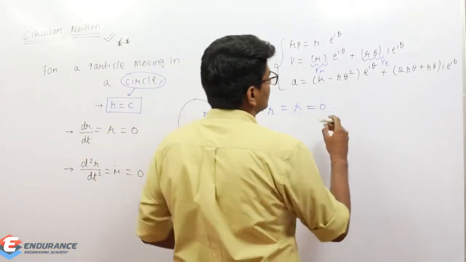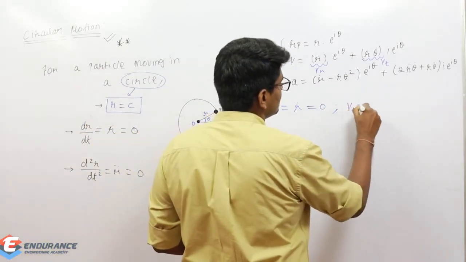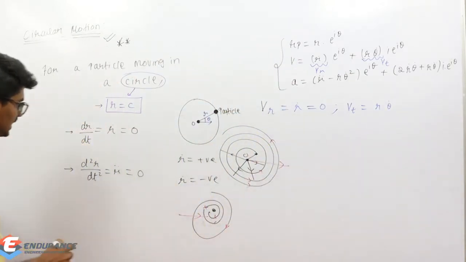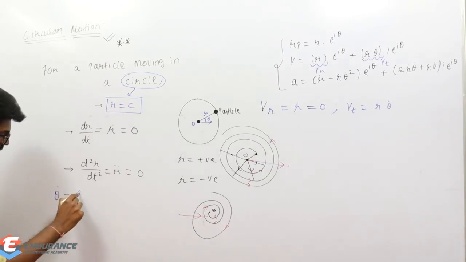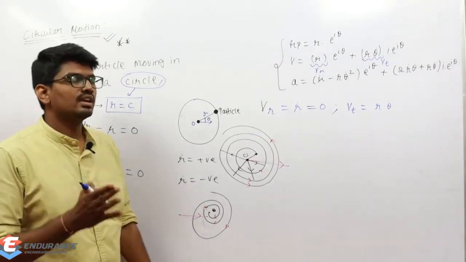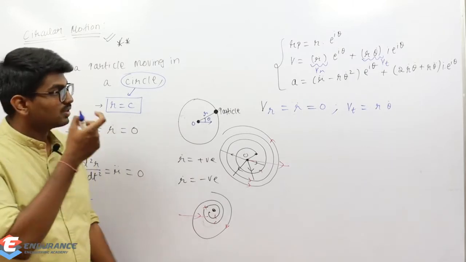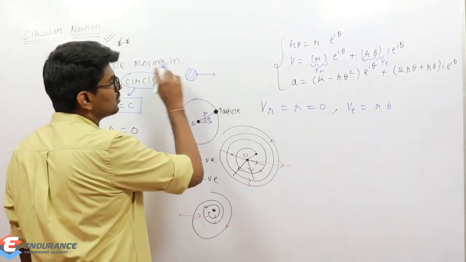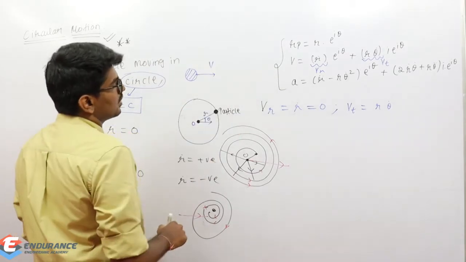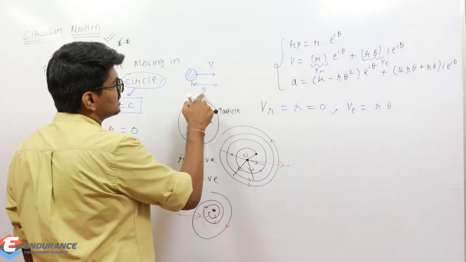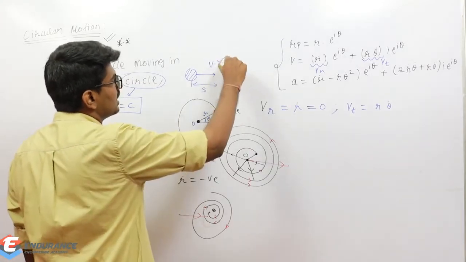Next, Vt, that is the tangential velocity, r theta dot. And what is theta dot? Theta dot is nothing but how the angular displacement changes with respect to time, so the rate of change of angular displacement. If a body moves in this direction with some velocity, then the change of displacement with respect to time is velocity.